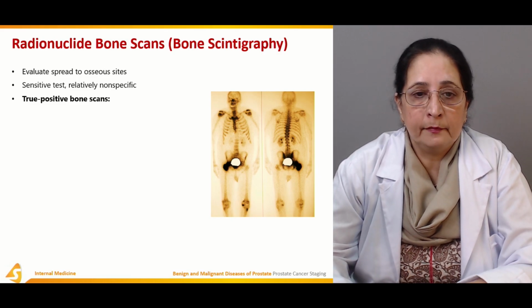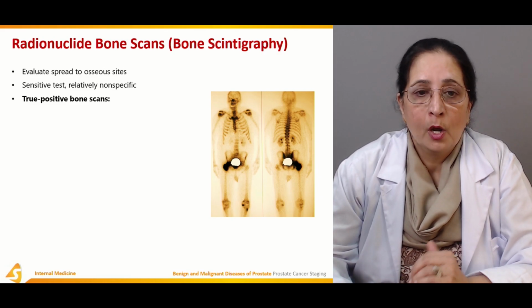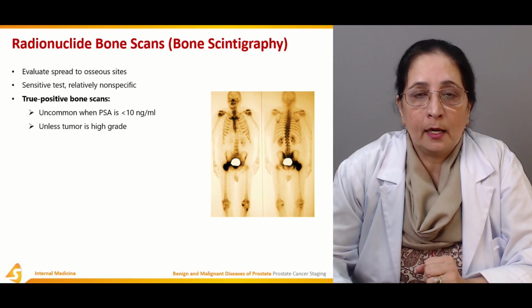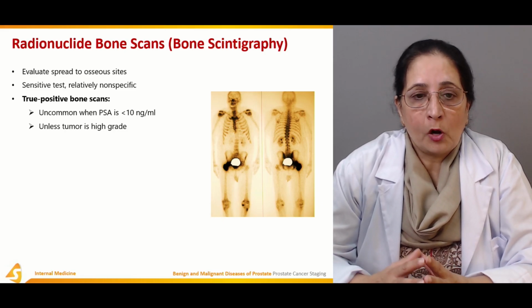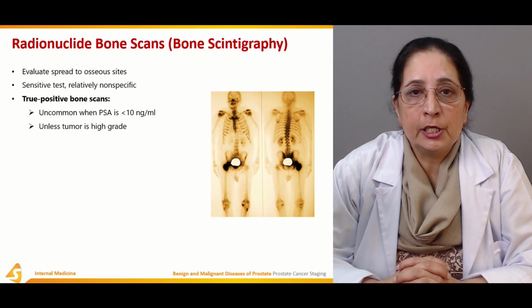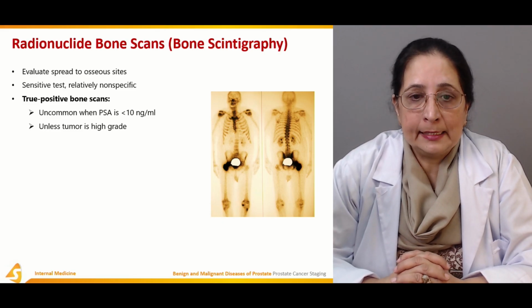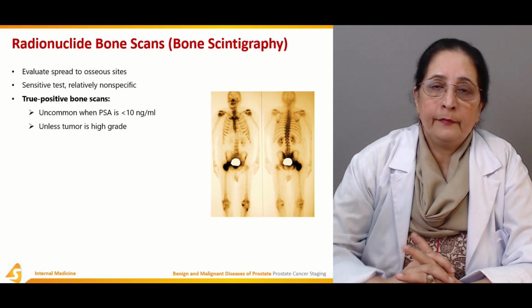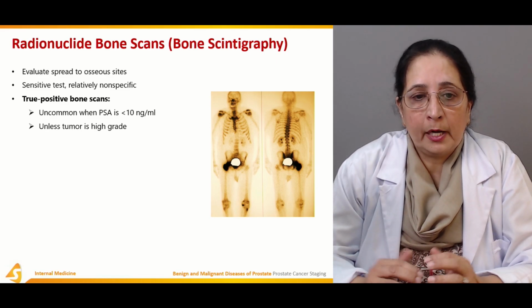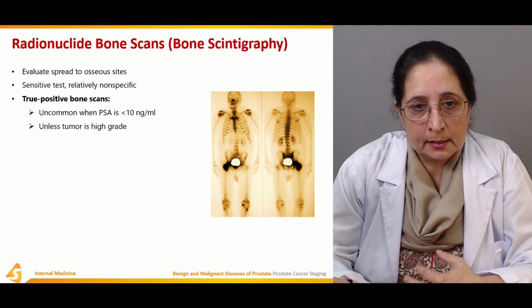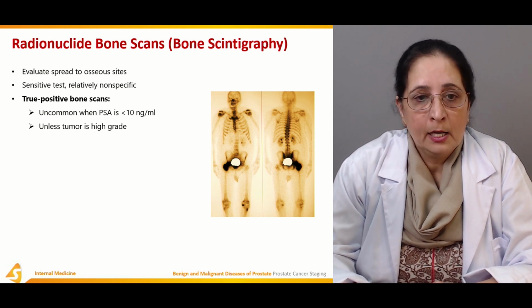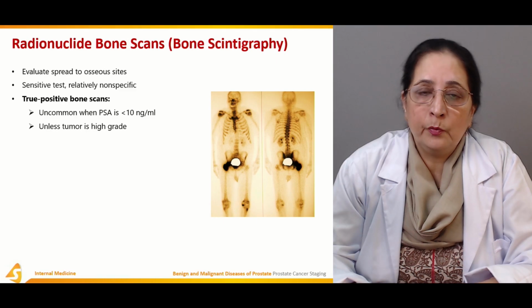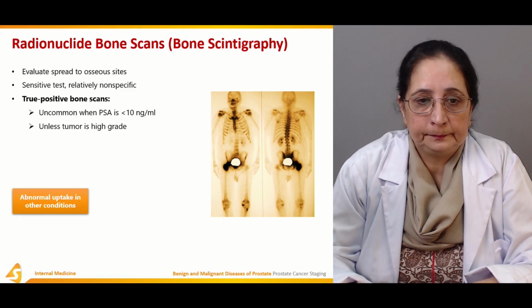True positive bone scans are uncommon when prostate-specific antigen is less than 10 nanograms per ml. So if it's less than 10 nanograms, it's not very specific or sensitive unless the tumor is high grade.